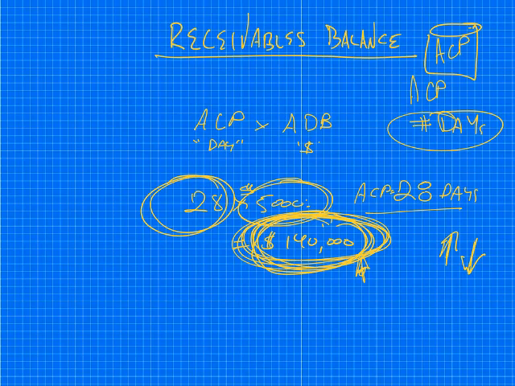Do we want to reduce our average daily billings? No, that means we're actually making less money. We don't want to do that, right? We actually want to increase this. And if anything, we might want to alter that average collection period and bring it down to a lower number.